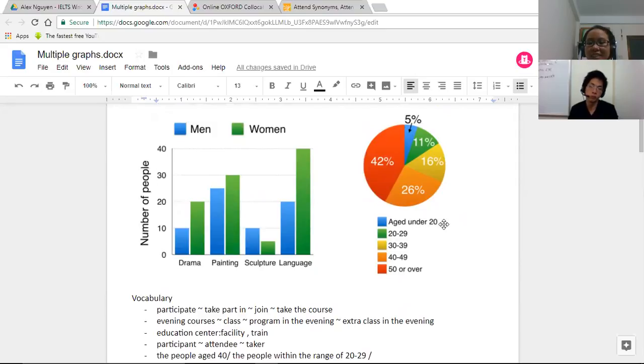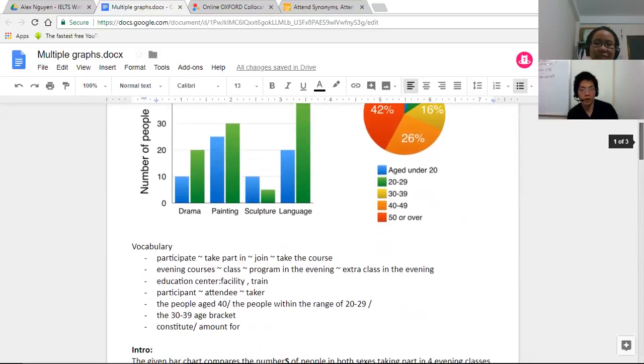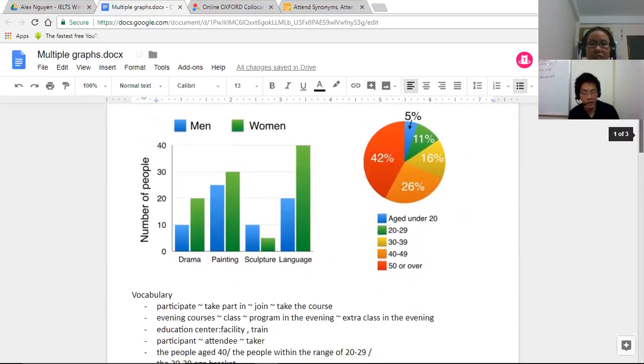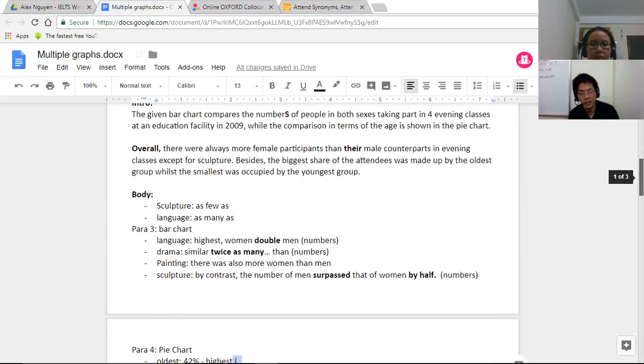If you try to replace everything, then your information is not clear, because you have not given all of the numbers. So I cannot use the word youngest in the pie chart without the details, right? Because it's not clear.